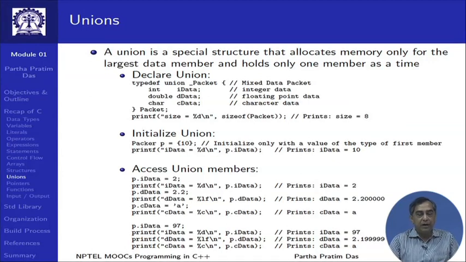The reason union was given in C is that if you have to make an aggregate, a container which can deal with data of a variety of types.